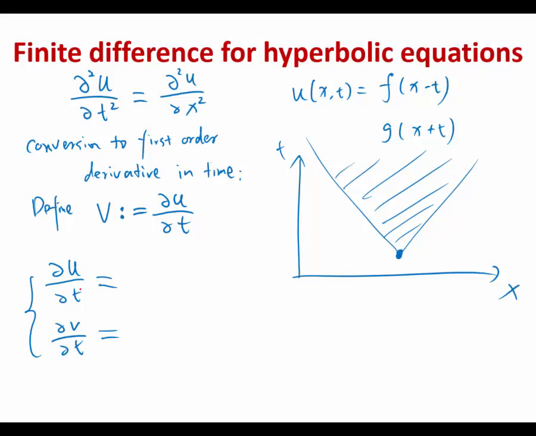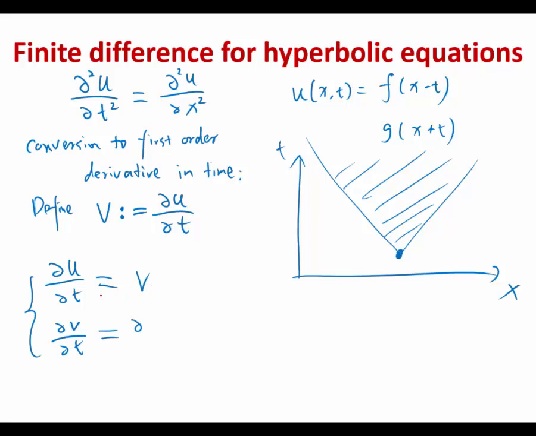Now, what is partial u partial t expressed in u and v? What is the simplest way of expressing partial u partial t in terms of u and v? It's just v, exactly, because I defined v to be partial u partial t. Now, what is the simplest way of expressing partial v partial t as a function of u and v? Yes, because partial v partial t is the second order derivative of u with respect to t.